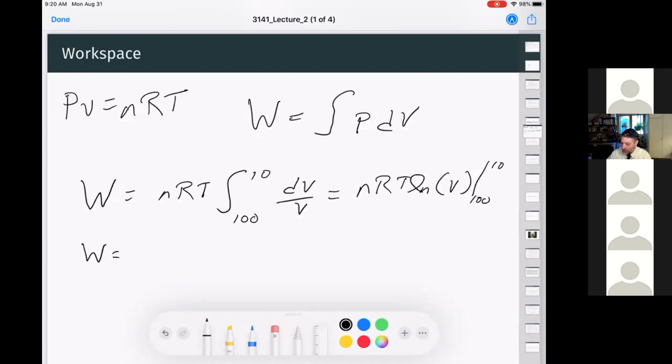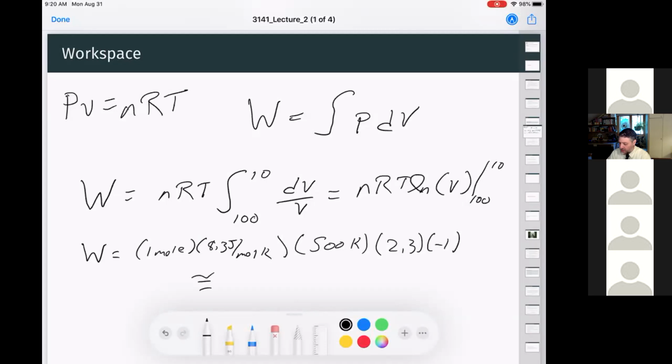We have 1 mole, 8.3 joules per mole Kelvin, and I said it was 500 Kelvin. And if we do our natural logs, we get -1.